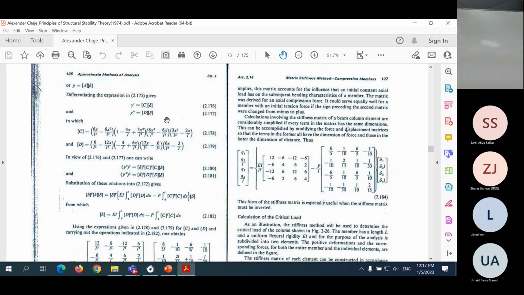There's a delta transpose, then there's a delta at the end, and the center one is the k. So k is actually this. K is equal to the integral of D transpose multiplied with D, and all these are functions of x, so you need to integrate one by one.